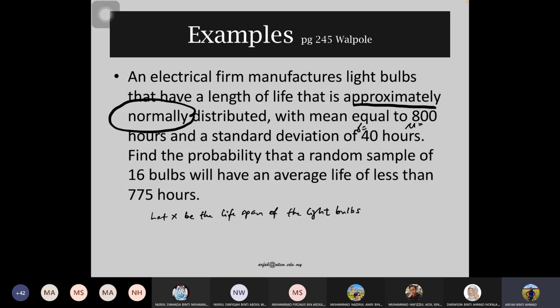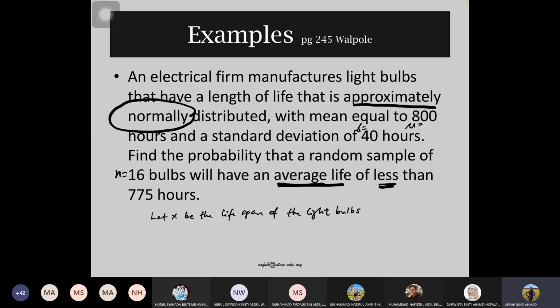Find the probability that a random sample of 16 bulbs, so n equals 16, will have an average life less than 775.